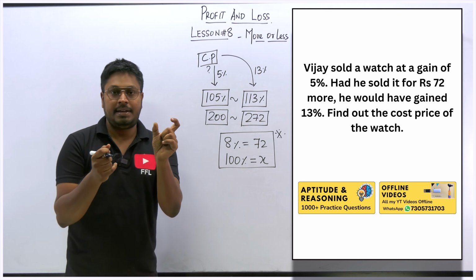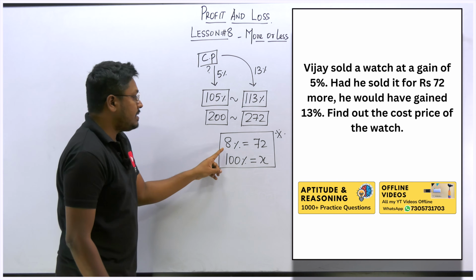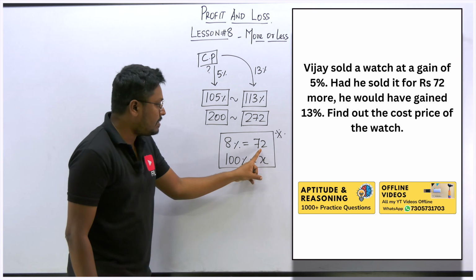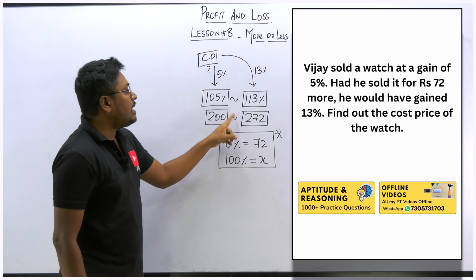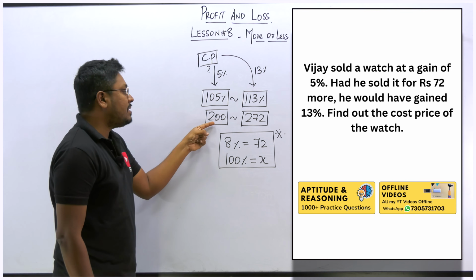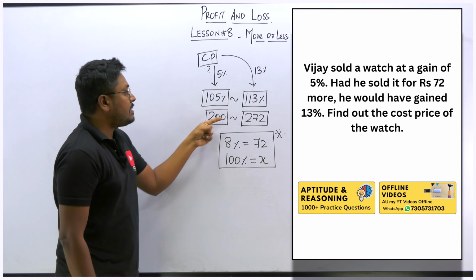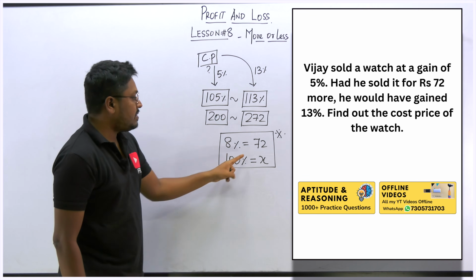Then the difference between 5% and 13% is 8%, and that 8% difference is 72. So 100% is equal to X. In case you can't understand how that 72 comes, we are just assuming a value. If the first selling price is 200, then the second selling price will be 72 more, which will be 272. So now the difference will be 72, right?